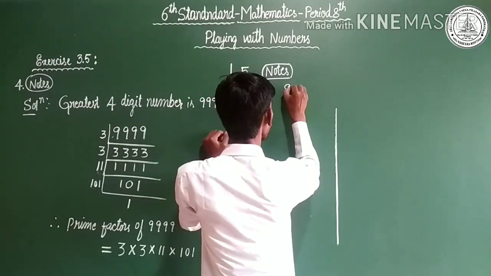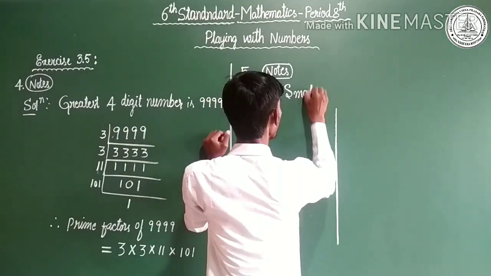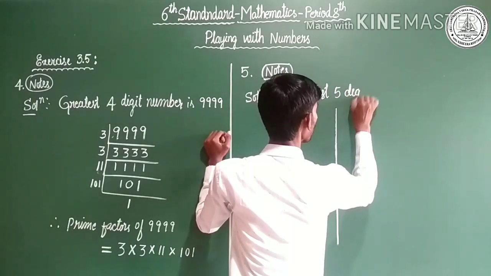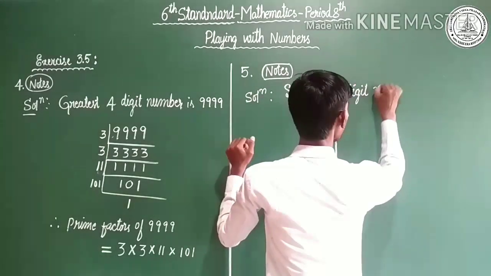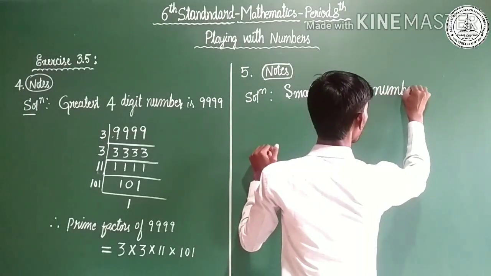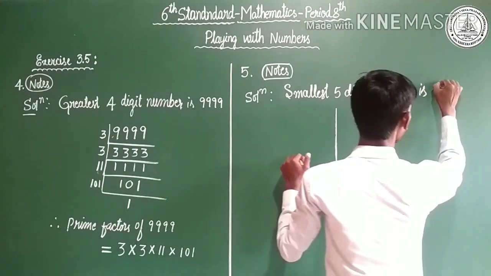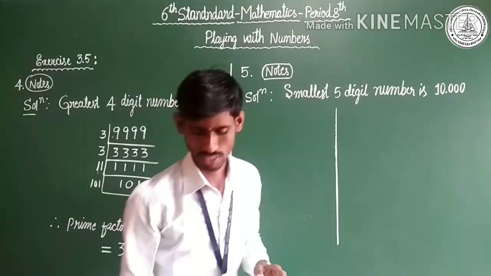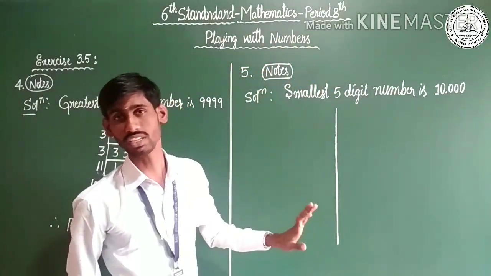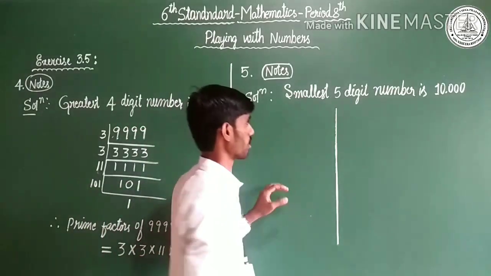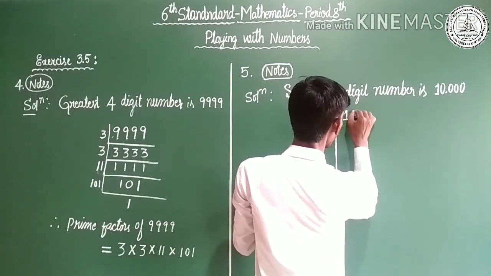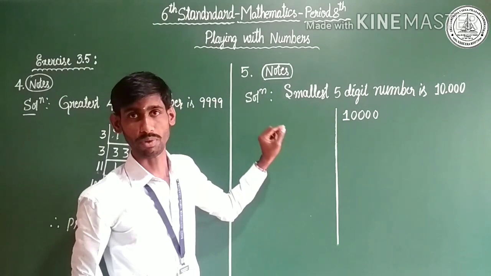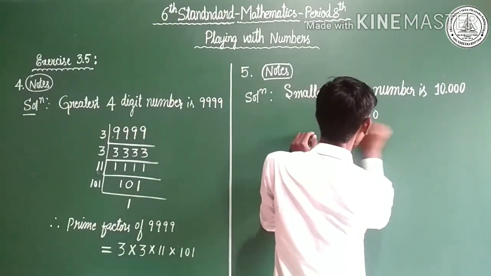Smallest 5-digit number is 10,000. 10,000 can be represented in the form of prime factors. Observe here, Chotu. Use a scale while you are solving prime factors. Okay, 10,000. Draw a line.